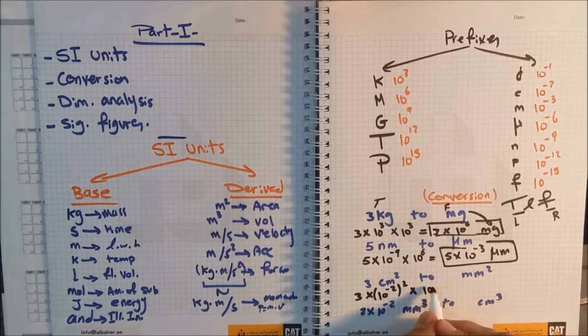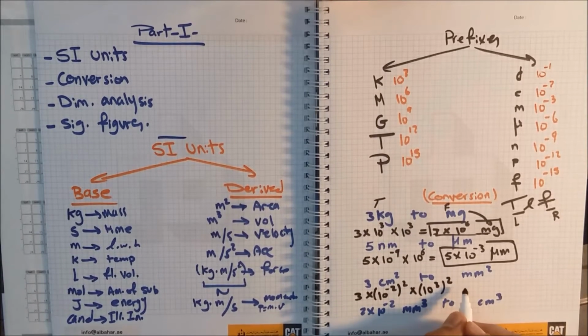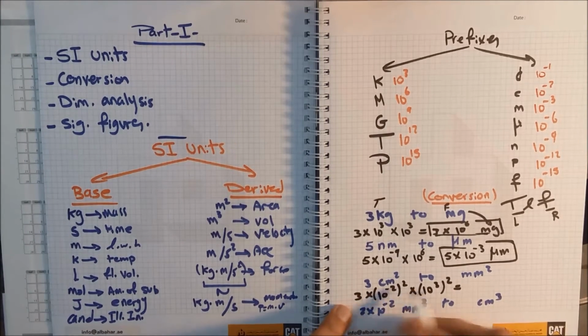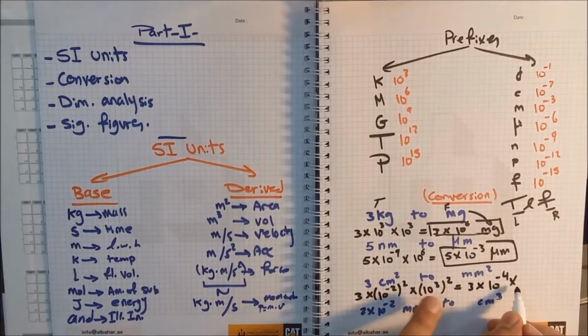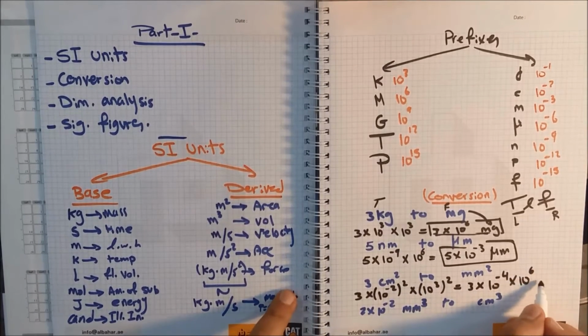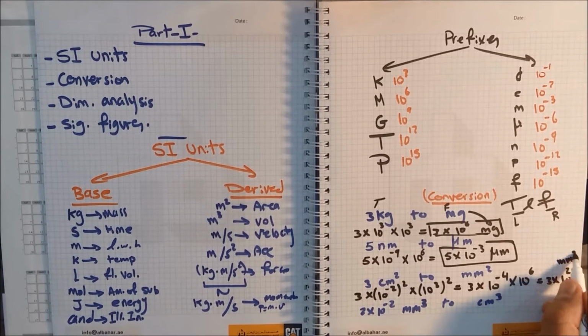Milli means 10 to the power of negative 3, so it will be 3, but we need to respect the power, so put the power. And then you can continue your problem by making your processes as usual. So in here you're going to multiply the powers. 2 times 2, 3 times 10 to the power of negative 2 times 10 to the power of negative 4, multiplied by 10 to the power of 2 times 3 is 6, and then you finish your problem. 3 times 10 to the power of negative 4 and 6 is 2, and put the final unit millimeter square. You are done.